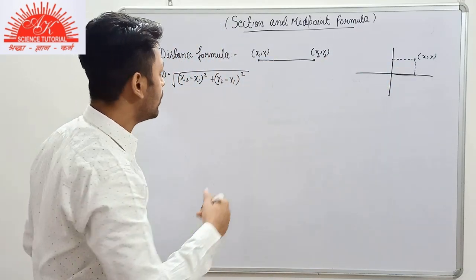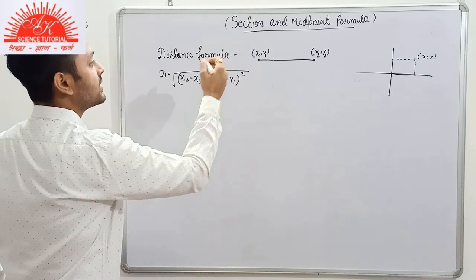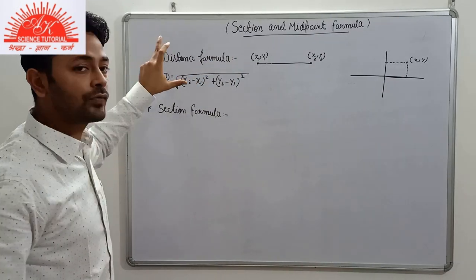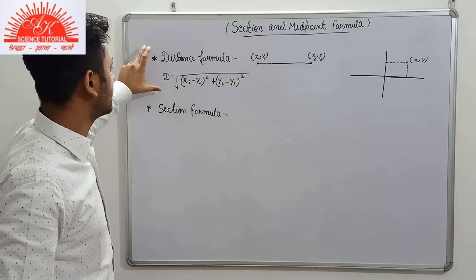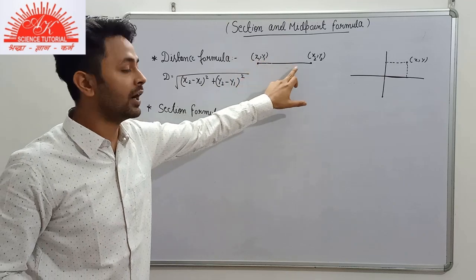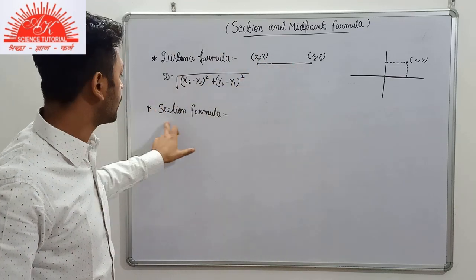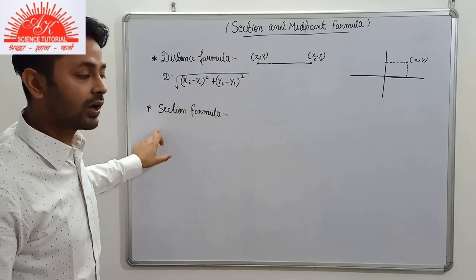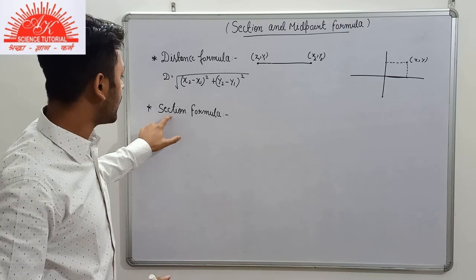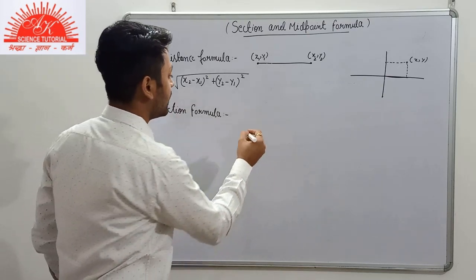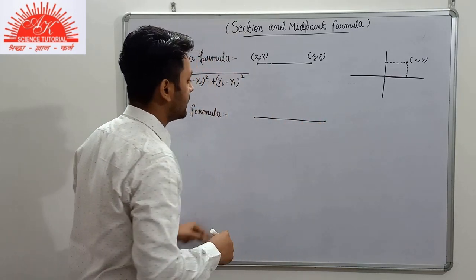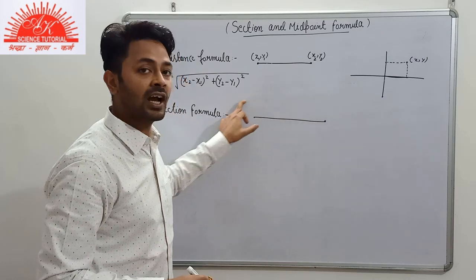Okay. Now coming on to our topic, the section formula. As the distance formula has been removed from our syllabus, I have made it clear for you what the distance formula was and what coordinates are. Now we are coming to the section formula. Before knowing about the formula, first we will know what a section is. When we take a line segment, it is a single part.